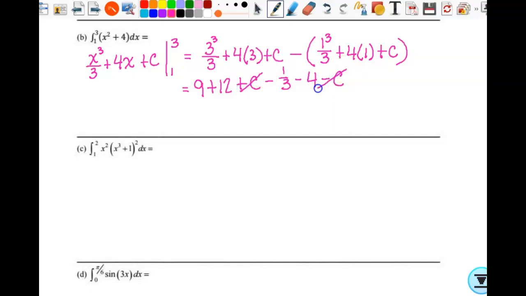Positive c and negative c. So this is going to give me 21 minus 4. What's 21 minus 4? 17. So that's going to give me 17 minus 1/3. So that is 16 2/3.